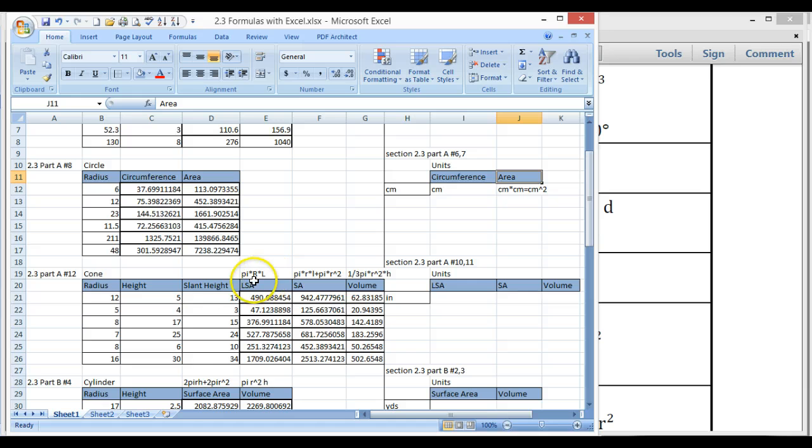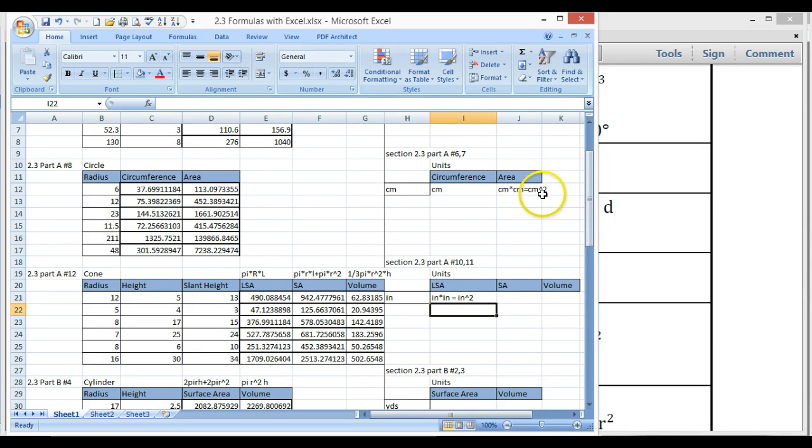The slant height, the length here, is also in inches. So to find the units for the lateral surface area, I have inches being multiplied by inches, because I have the radius being multiplied by the length, and their units are attached. So inches times inches shows me that I have inches squared.